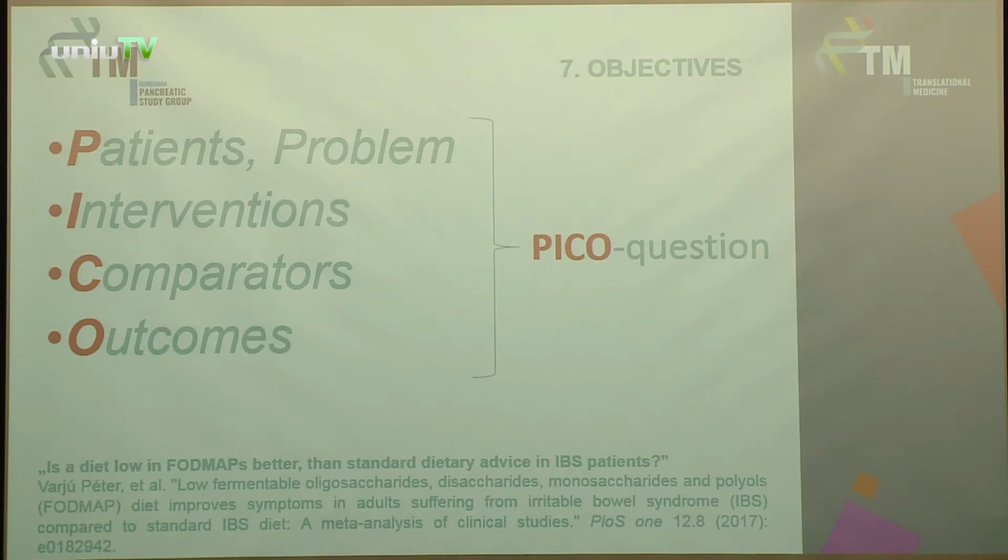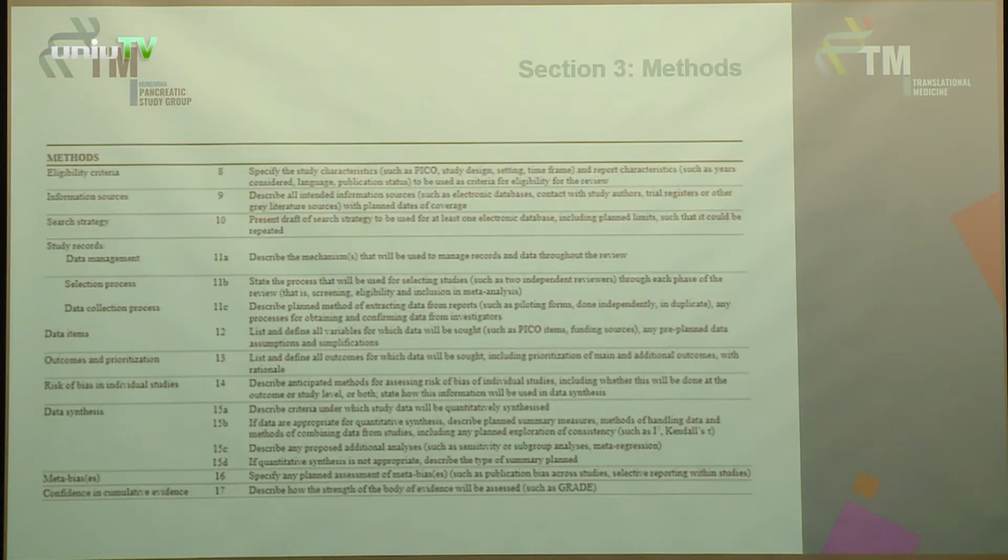The easiest way to describe our aims is the PICO question. Andrea Parnitsky had a presentation about this. P is the patient or the problem, I is the intervention, C is the control group or comparator, and O is the outcome.